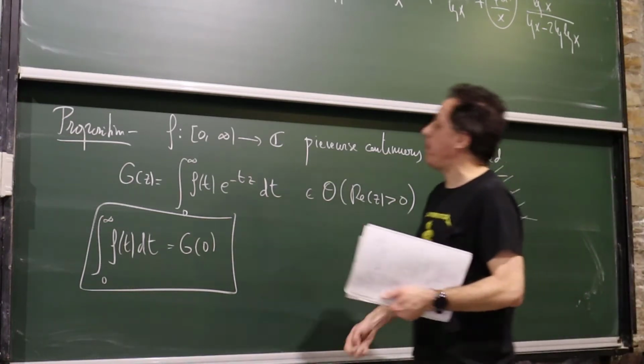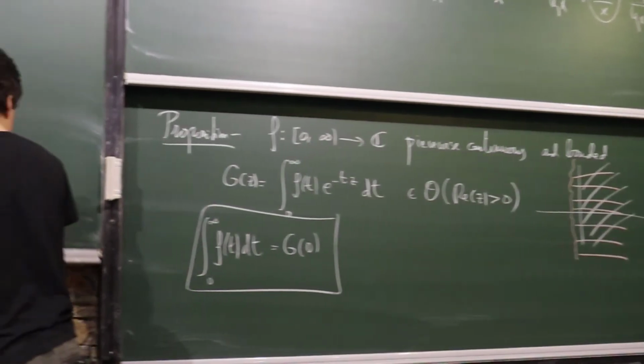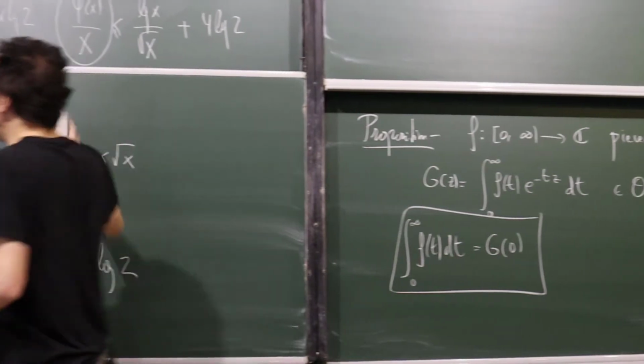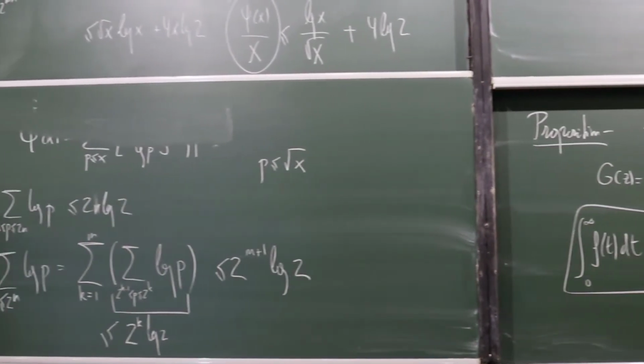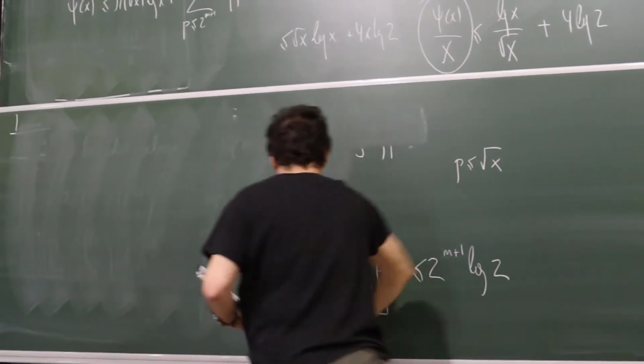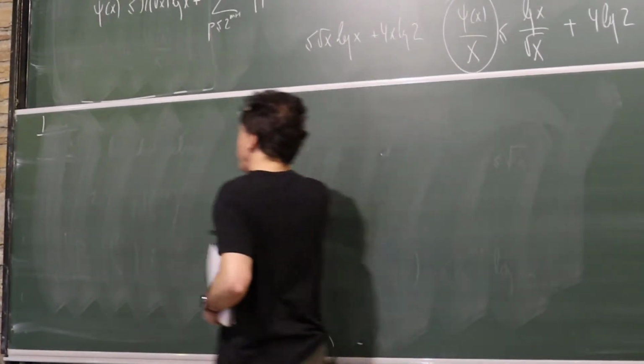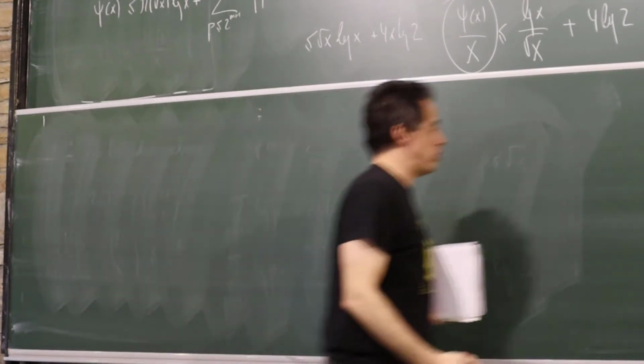And, okay, let us give an idea of the proof of this result, at least. It's a little bit technical, but let's give an idea. To give a proof, let us consider the following function.